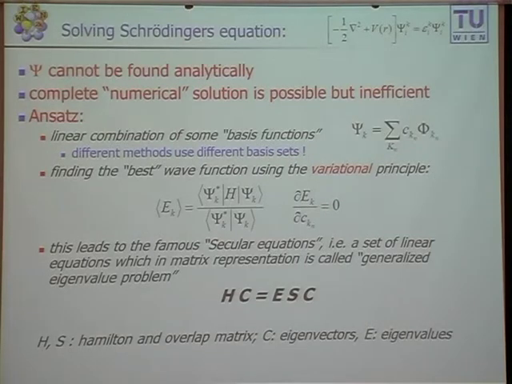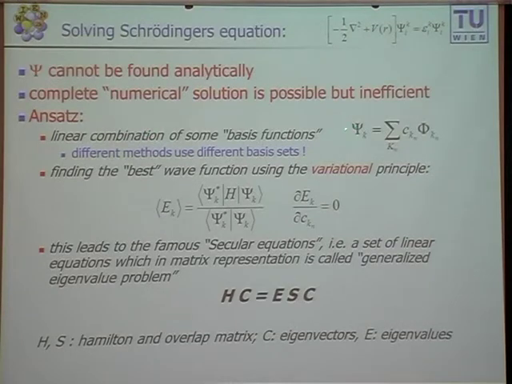So you have to have a very, very dense mesh all over the place to describe this properly, unless you are using pseudopotentials, then maybe you have some chances. But it's problematic. Therefore, most methods use an ansatz of a linear combination of some basis functions.